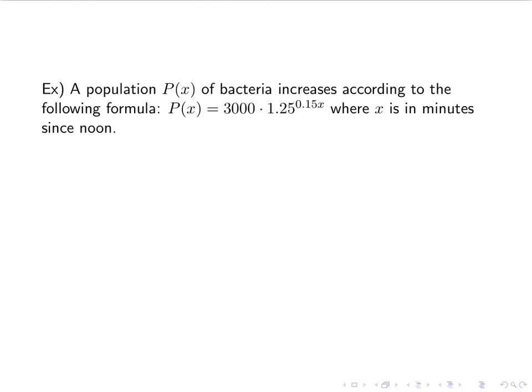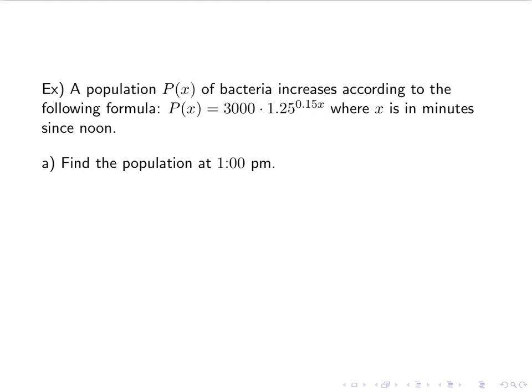Let's try another one. A population, which is another good example of exponentials, P of x of bacteria increases according to the following formula. P of x equals 3,000 times 1.25 to the 0.15x, where x is in minutes since noon. Find the population at 1 p.m. So you have to be careful here.